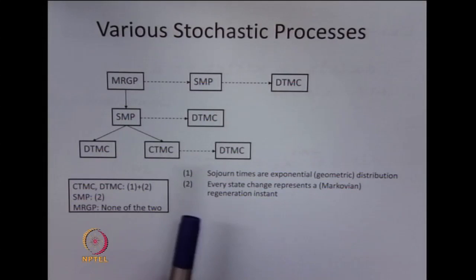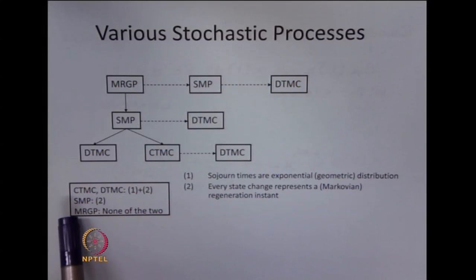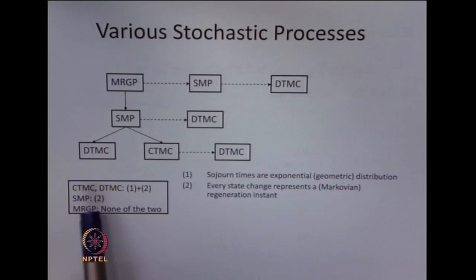If any stochastic process satisfies the property number 2 only, not the property number 1, that means the sojourn times are not exponentially distributed, then that stochastic process is called a semi-Markov process. We are going to discuss in detail the semi-Markov process, that is, a stochastic process satisfying the property number 2 only.